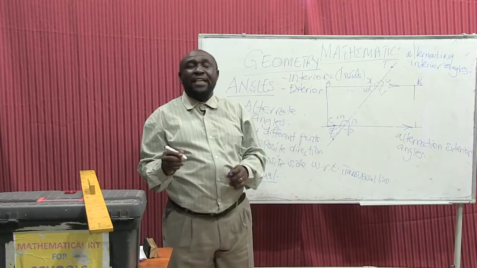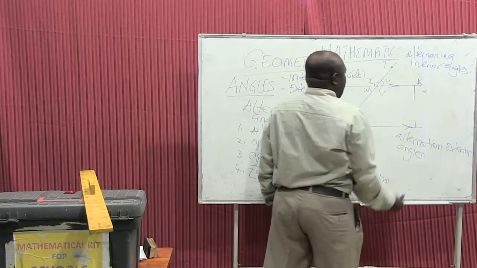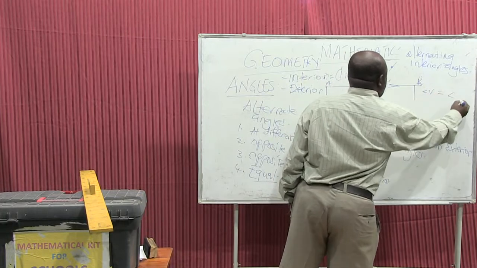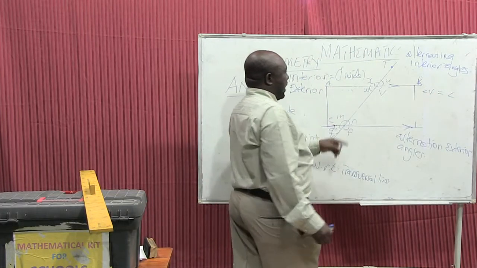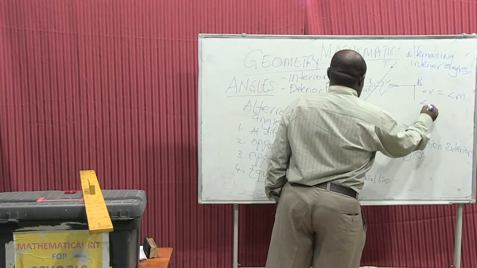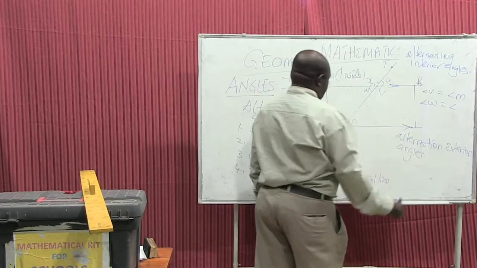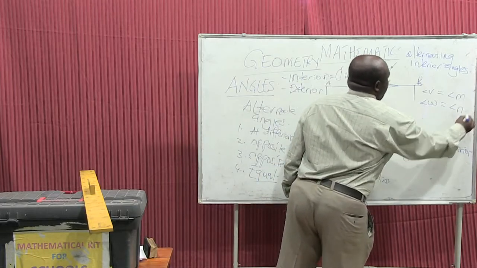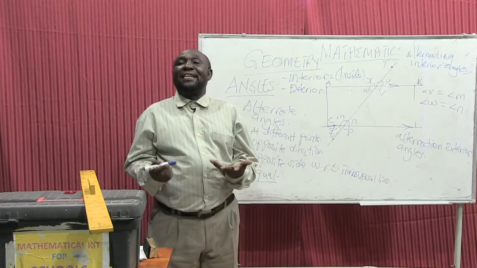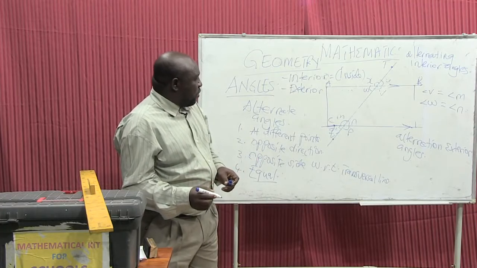So the pairs of alternating interior angles are, we say, angle V equals angle M, and angle W equals angle N. Why? Because they are alternating interior angles.